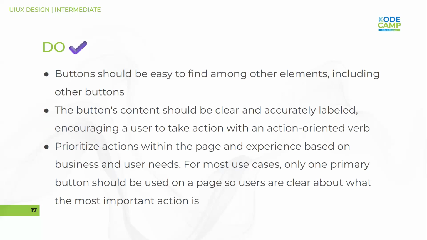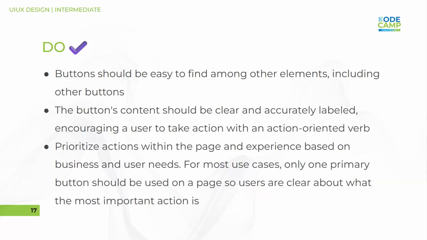Button content should be clear and accurately labeled. This is going to encourage users to take action with an action-oriented verb. So when writing a label on it, let it be an action-oriented verb.